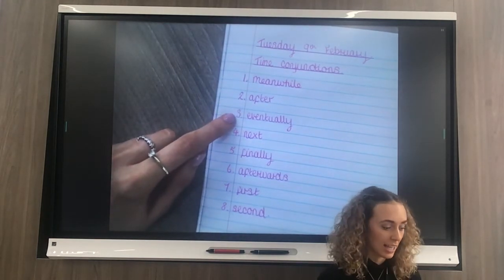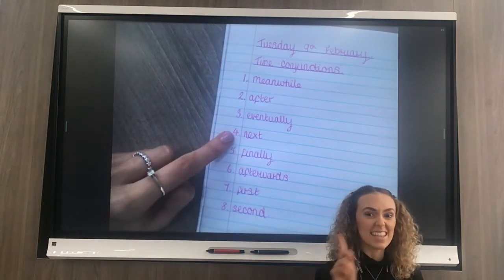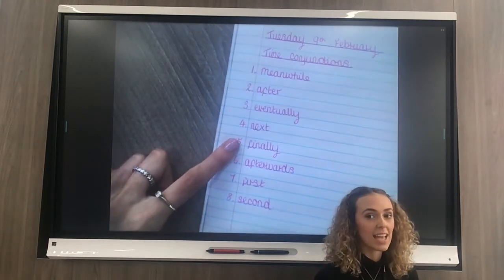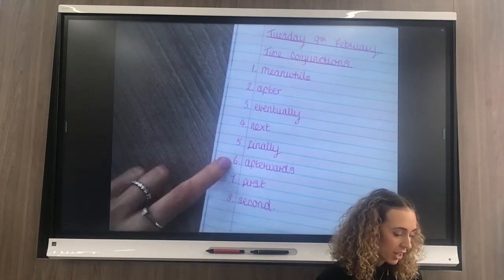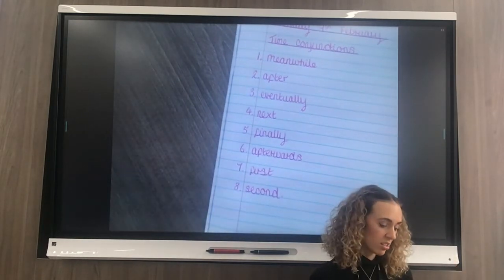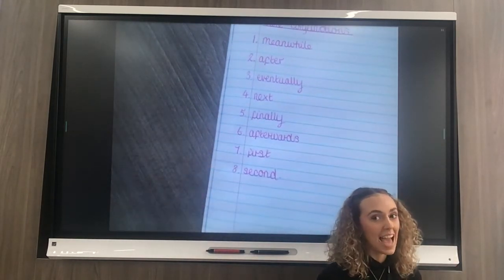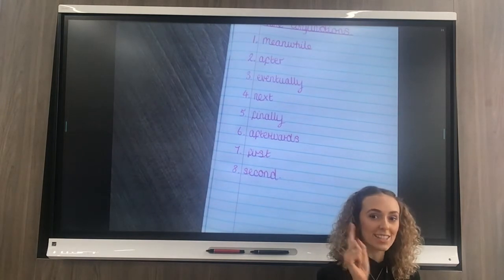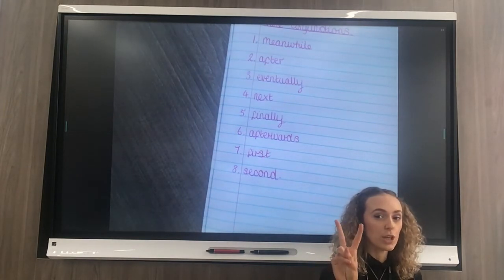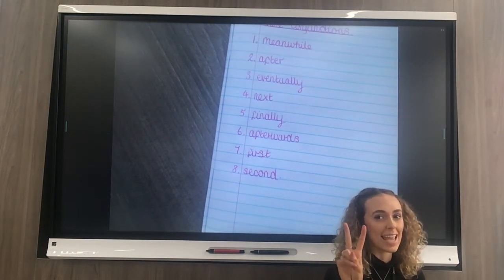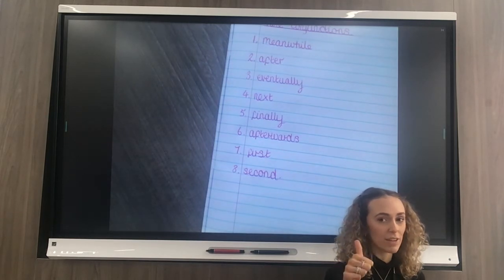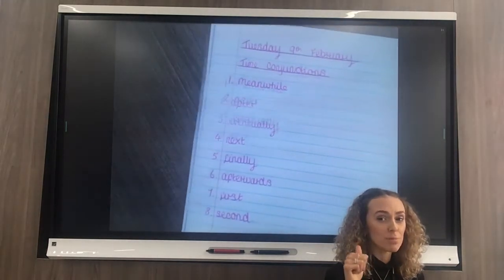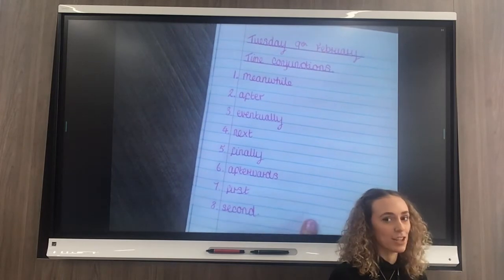Oh, that was from our learning last week. Number 4 is next. Number 5 is finally. Number 6 is afterwards. And number 7 and 8, I think were quite difficult. We have first and second, and we use those time conjunctions a lot in instructions. Well done if you got them right. If not, just make sure you correct them next to the words.